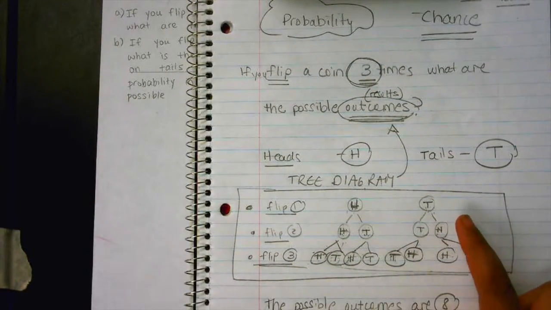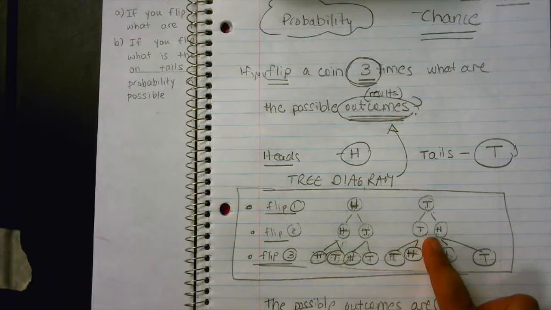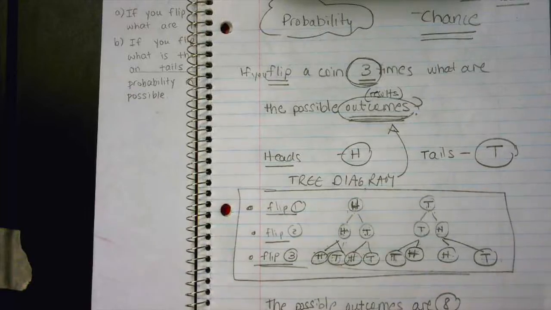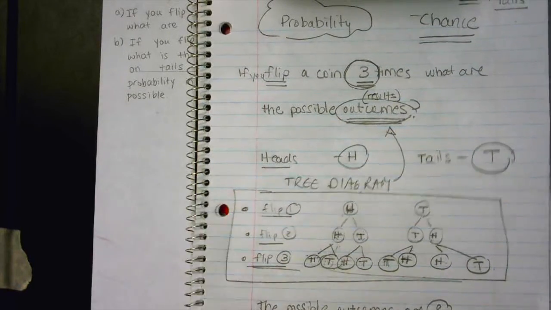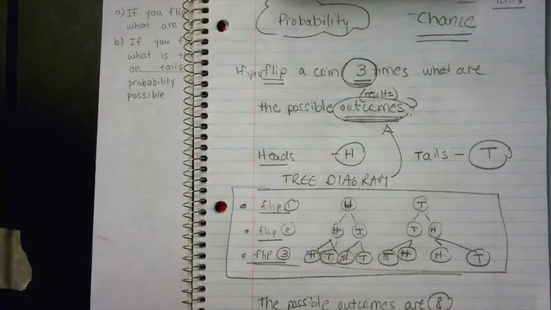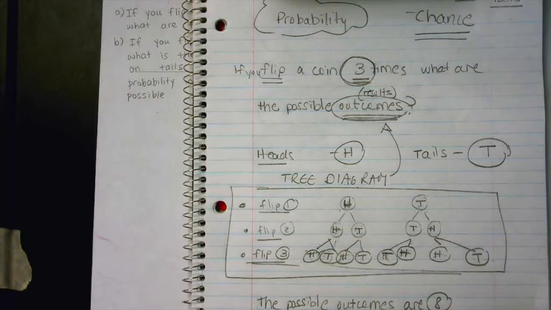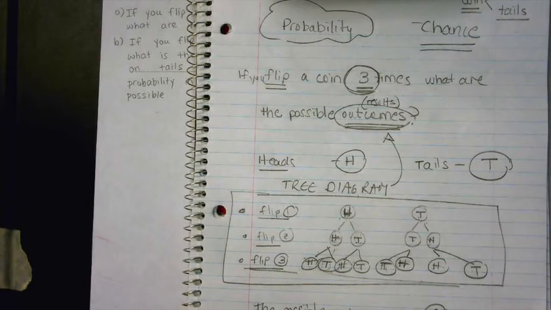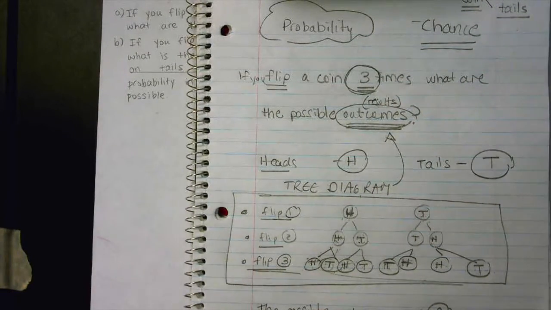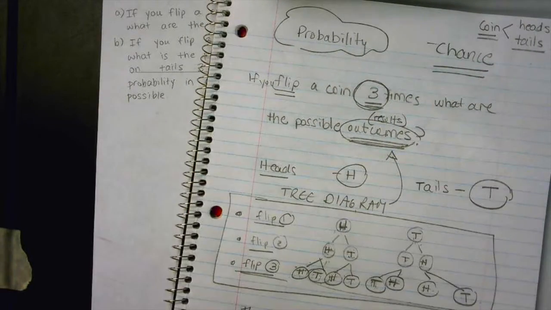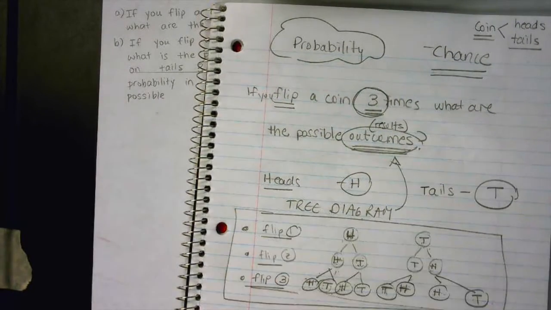Each is an outcome of the probability. The probability is 1 over 8. Okay. Yeah, so 1/8 is the fraction, right?